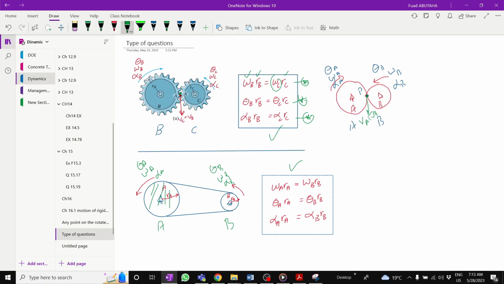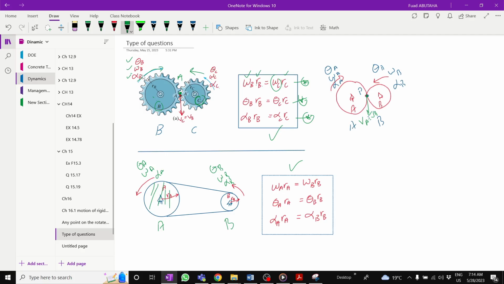So disk B and disk C are connected together at this point, let's call it point A. This one is rotating in this direction, so this one will definitely rotate in this direction. Since there is a rotation, this disk will have theta, omega, and alpha: theta B, omega B, and alpha B. Here it's rotating too, so it will have theta C, omega C, and alpha C.